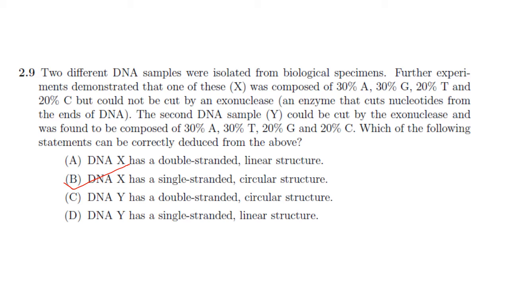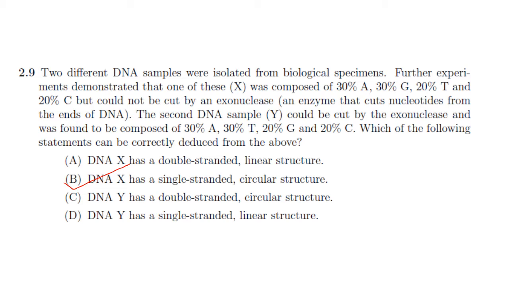And it is told that Y is cut by an exonuclease. Exonuclease is an enzyme that cuts nucleotides from the ends of the DNA. Since it is cut by the exonuclease, Y will be double-stranded and linear structure.